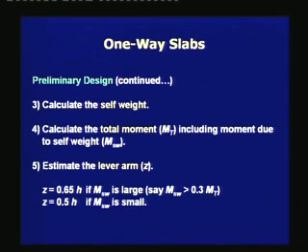If the self-weight moment is small, then we can estimate Z to be about 50% of the total depth, that is Z is equal to 0.5 H. These are rough estimates of the lever arm by which the compressive force will move up from the CGS under service conditions.